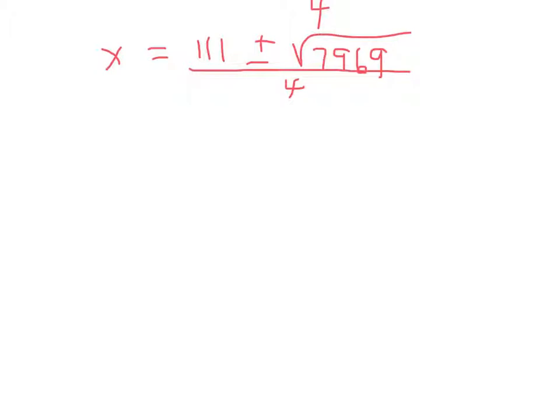It's not an even number. It's 89.269. So we'll add that to 111. Divide by 4. 50.067 approximately.